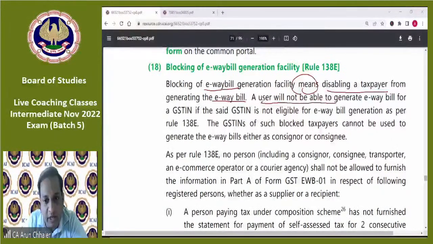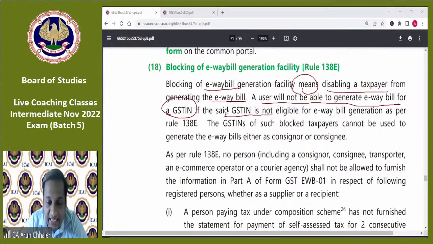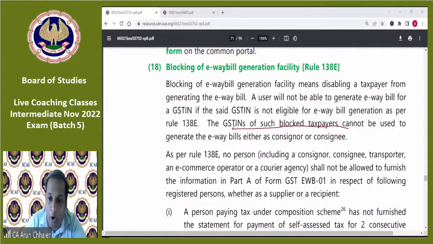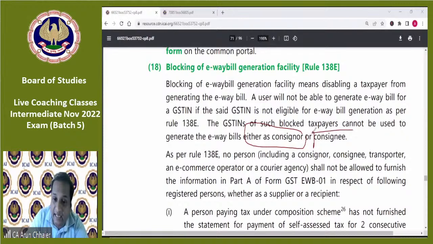A user will not be able to generate the e-way bill for a GSTIN if the said GST number is not eligible as per Rule 138E. Now, the GST number of such a blocked taxpayer cannot be used to generate the e-way bill, important, either as a consignor or as a consignee.